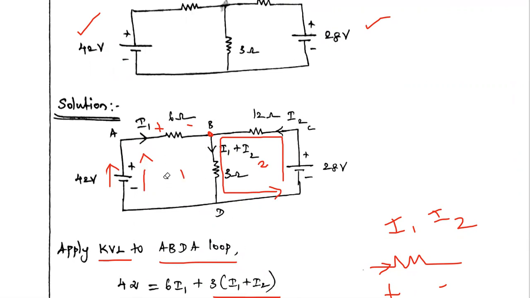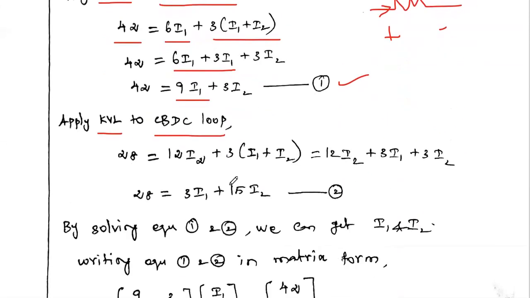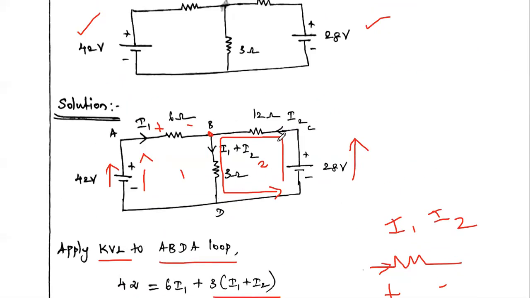If you are starting from here, from the voltage source, minus to plus, it is called a voltage rise. So this 28 volt is a voltage rise, and you write it on one side. Coming here, there is a 12 ohm resistance, and the current flowing through it is I2.